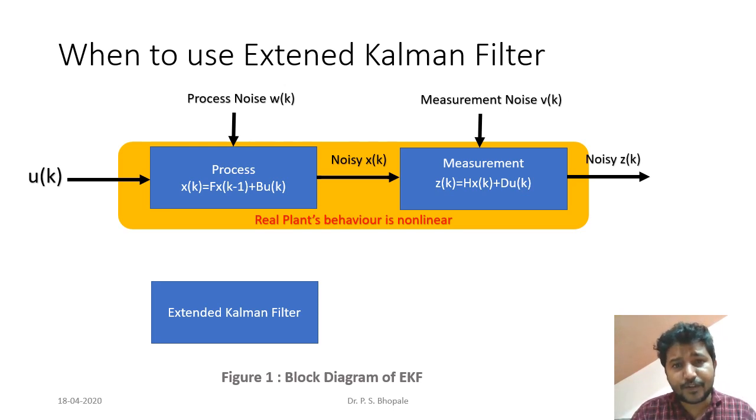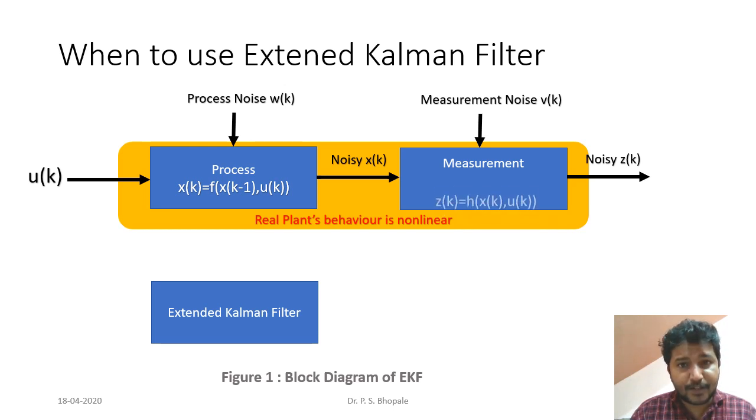So the extended Kalman filter assumes that the process model has a function f which is used to transfer the state xk minus 1 to the next state xk by using control input uk, and the measurement part is again a function h which uses the current state xk to obtain the current measurement zk.